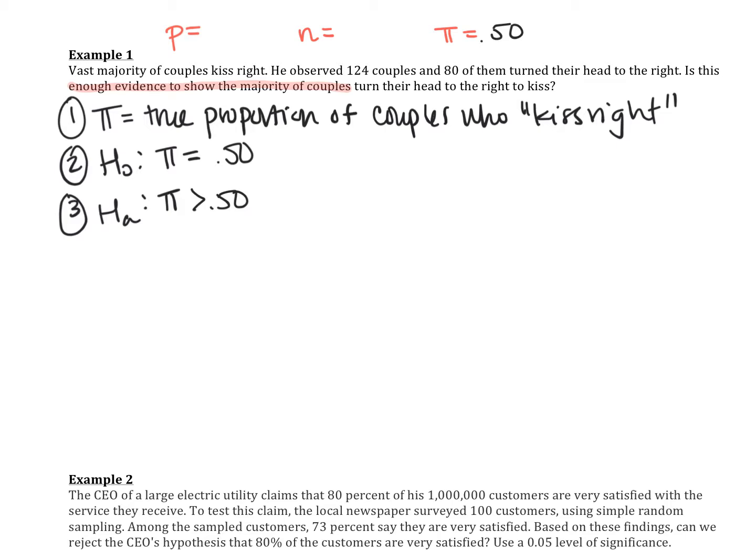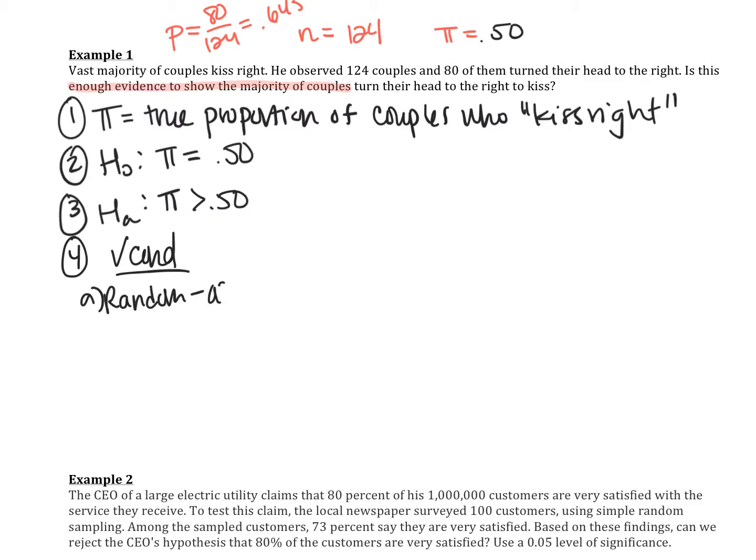All right, I know that my sample is of 124 couples, and sample proportion is success over total, 80 out of 124. That's 0.645. Okay, step 4, check conditions. A, is it random?